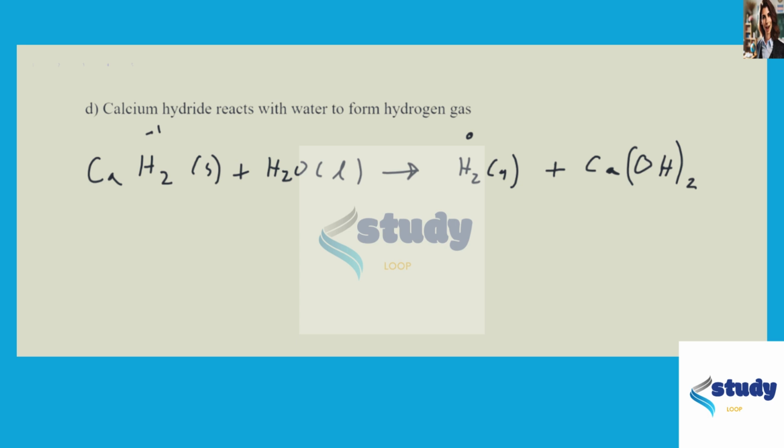So at this point, it's just a matter of mass balancing everything. So we see that we have 2 oxygens on the right and 1 on the left. So we're going to need to multiply this by 2. Then we have 6 hydrogens on the left and 4 on the right. So we'll need to add an additional hydrogen gas.